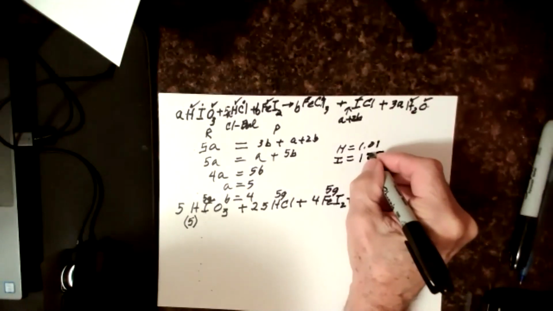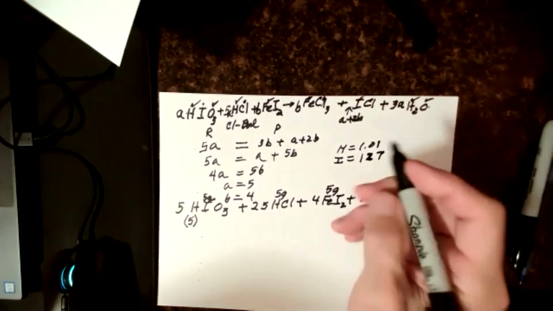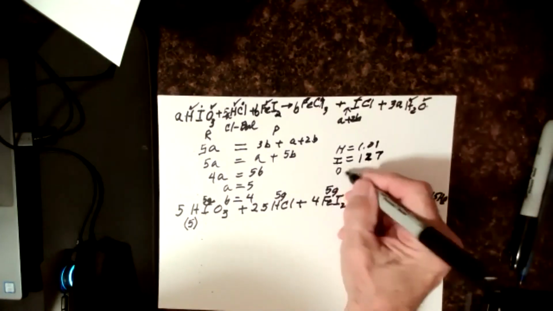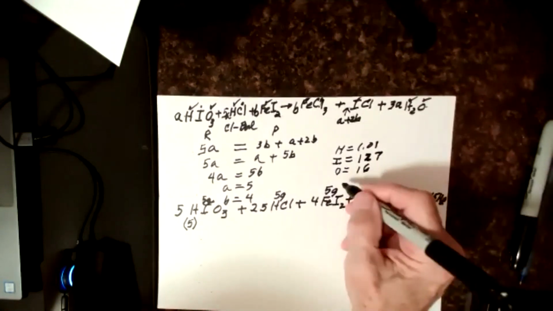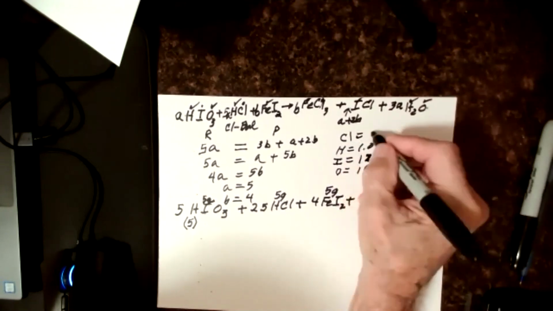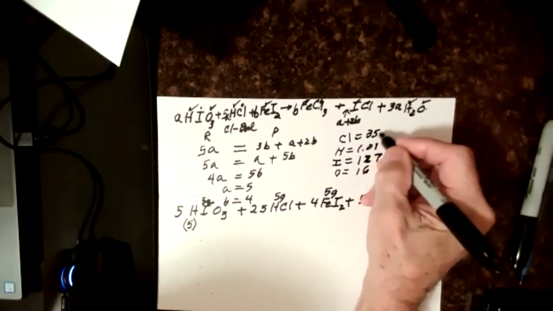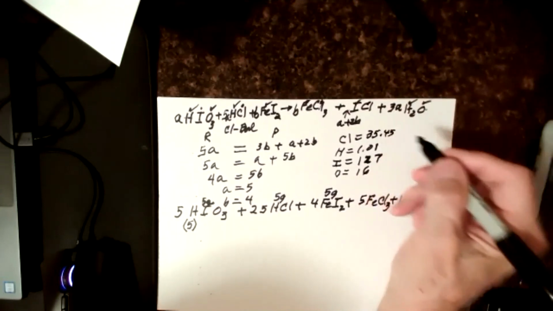That'll be the 3 significant figures, and it looks like our problem had 3. So it's going to be okay. And of course, oxygen is 16. And chlorine, I'm going to need it. I'll put it up here. It's 35.45, I think.